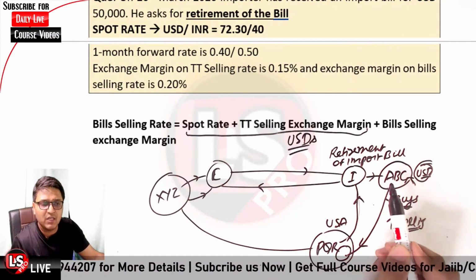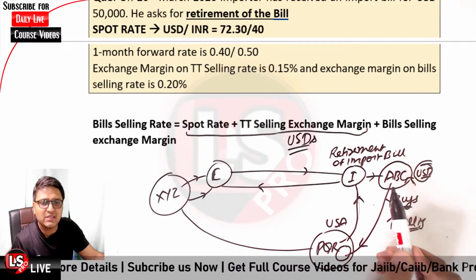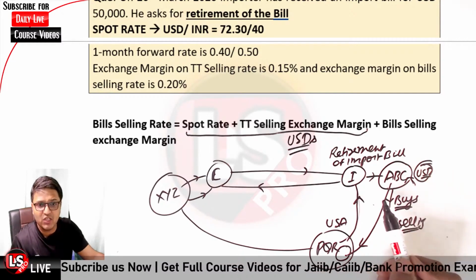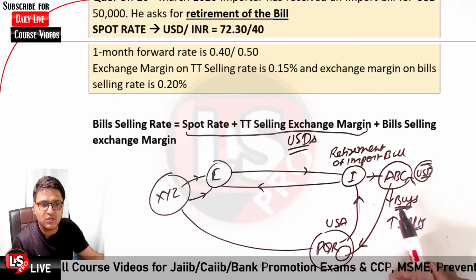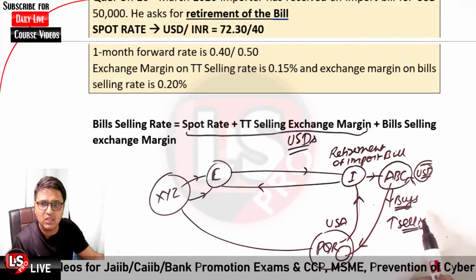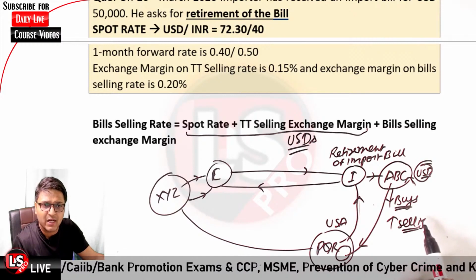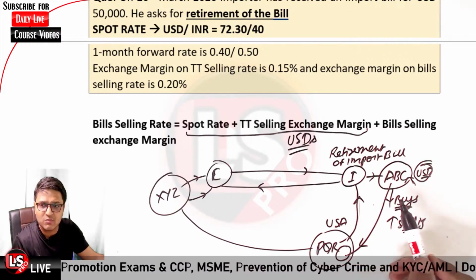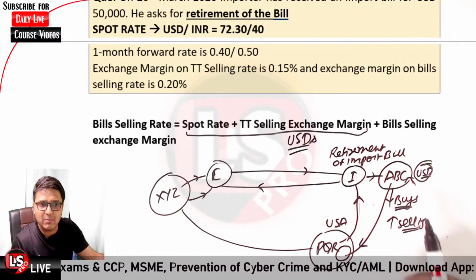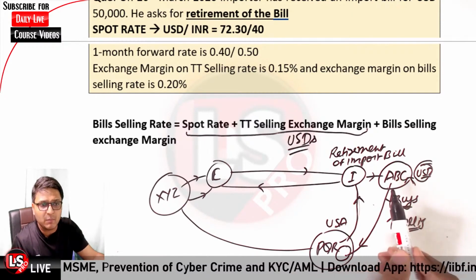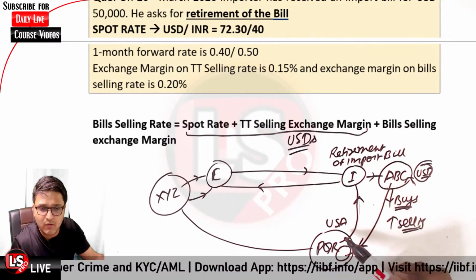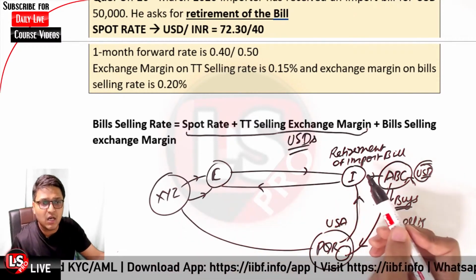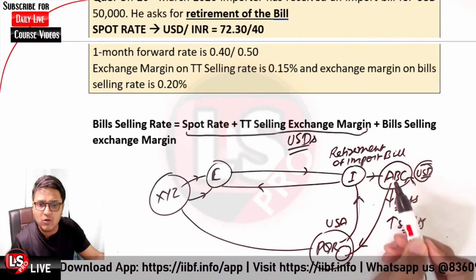That is why we need to consider the bills selling exchange margin. The first transaction margin was related to when the USDs were bought from the market. That was related to the TT selling exchange margin because there was settlement simultaneously. But now, after the ABC Bank pays the amount to the nostro account of the other bank, the amount will be paid by the importer on a later date.